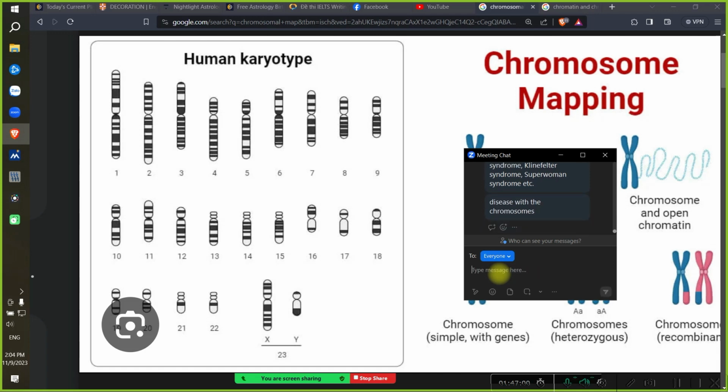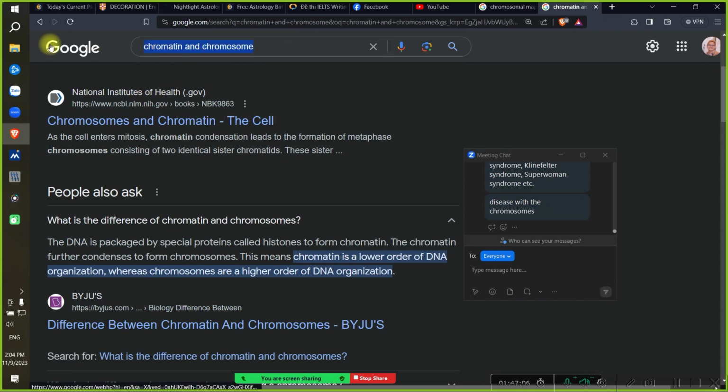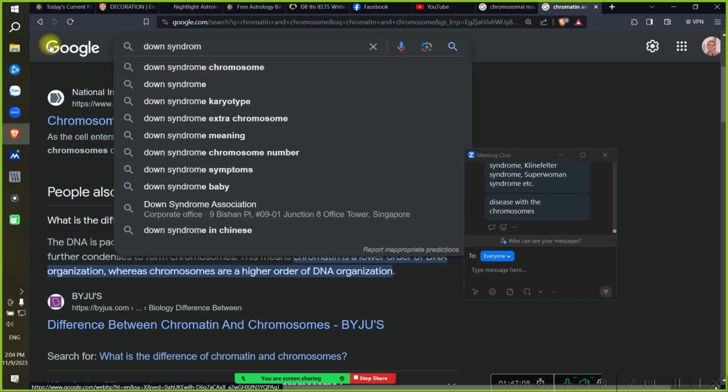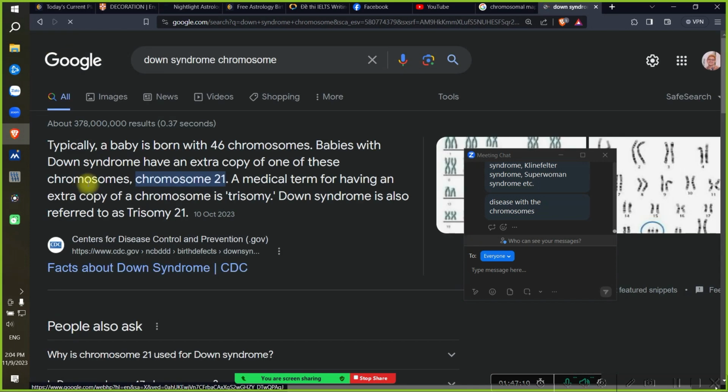Like for example, Down syndrome. What happens in Down syndrome? There's a trisomy of chromosome 21.